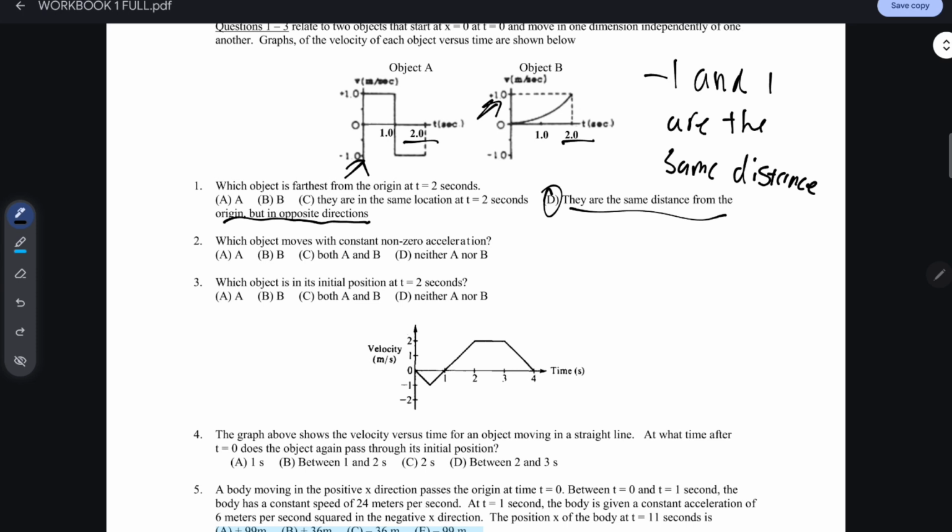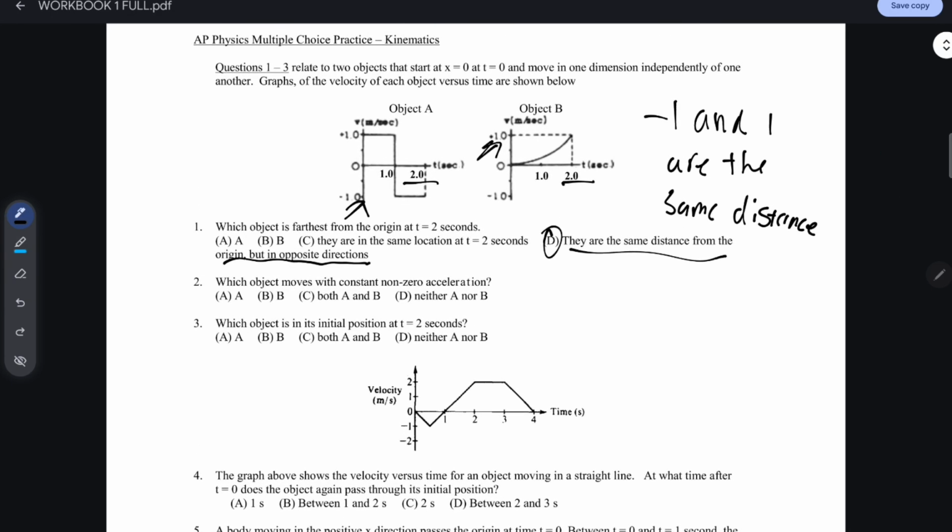Question 2. Which object moves with a constant non-zero acceleration? So on this one, we have this one and this one.